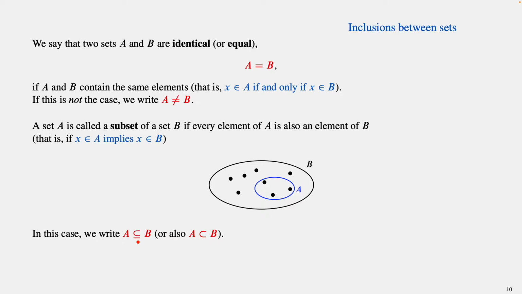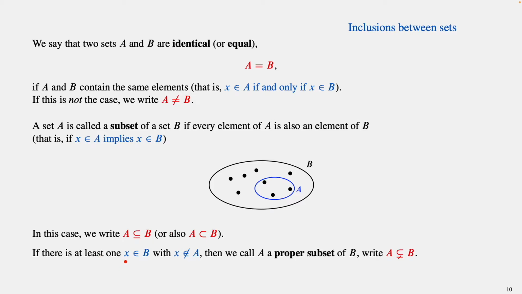It's just a convention. So it may be a bit confusing because these symbols are a bit reminiscent of the less or equal and the strictly less symbols we know from arithmetic, where those actually have distinct meanings. But in set theory, these two symbols are used interchangeably. So please don't be confused by that.